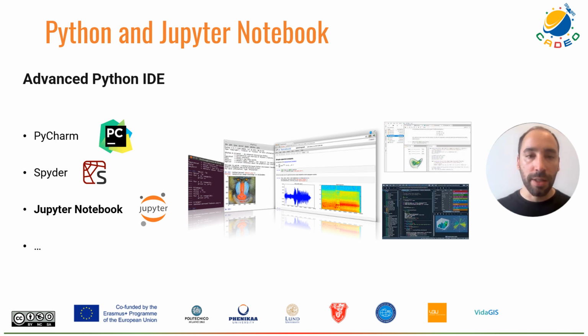Third, last but not least, we have Jupyter Notebook. Jupyter Notebook is a web-based IDE that allows us to create and share documents that contain live code, equations, visualizations, but also narrative text. It is particularly useful for data analysis, visualization, and also machine learning. This will be the main integrated development environment that we will use during the practices of this course.